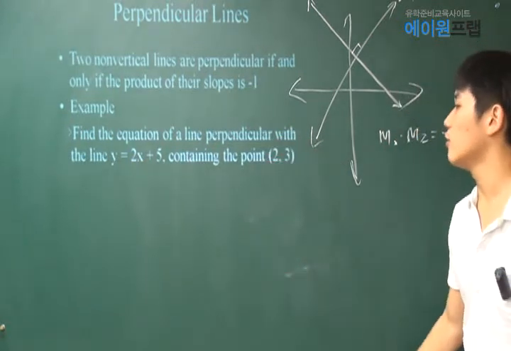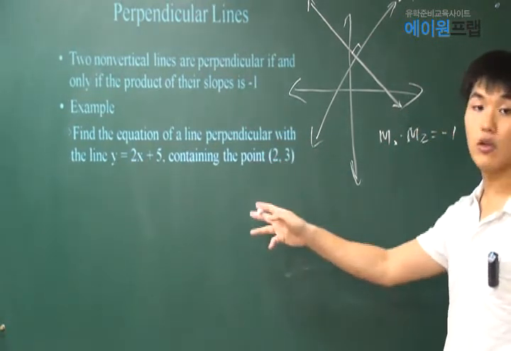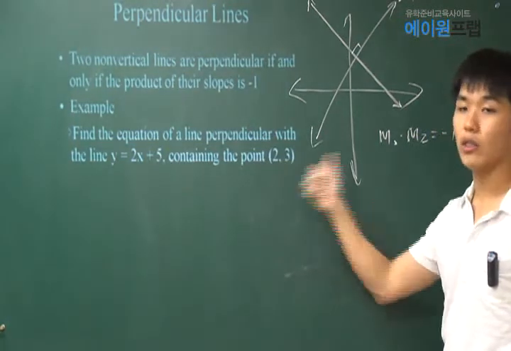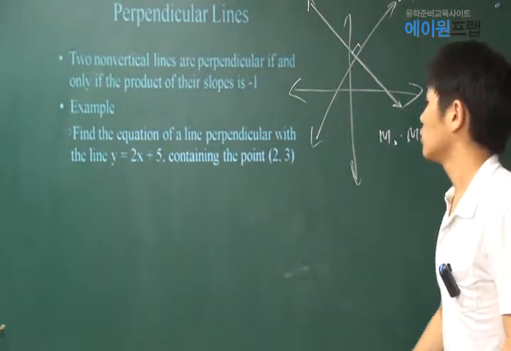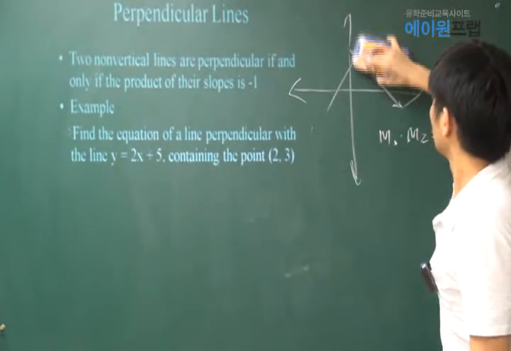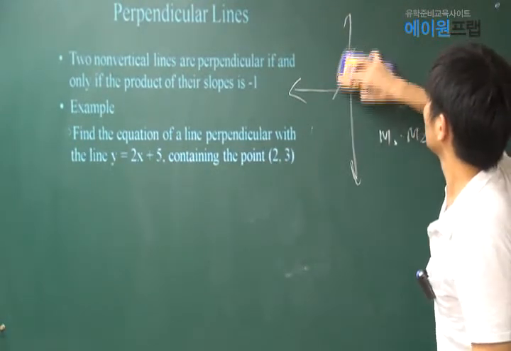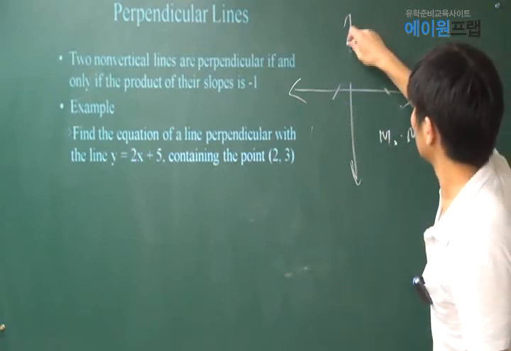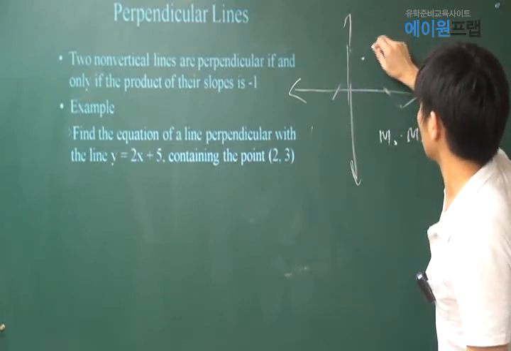Find the equation of a line perpendicular to the line y equals 2x plus 5 containing the point (2, 3). Let's start with the point (2, 3), around here.